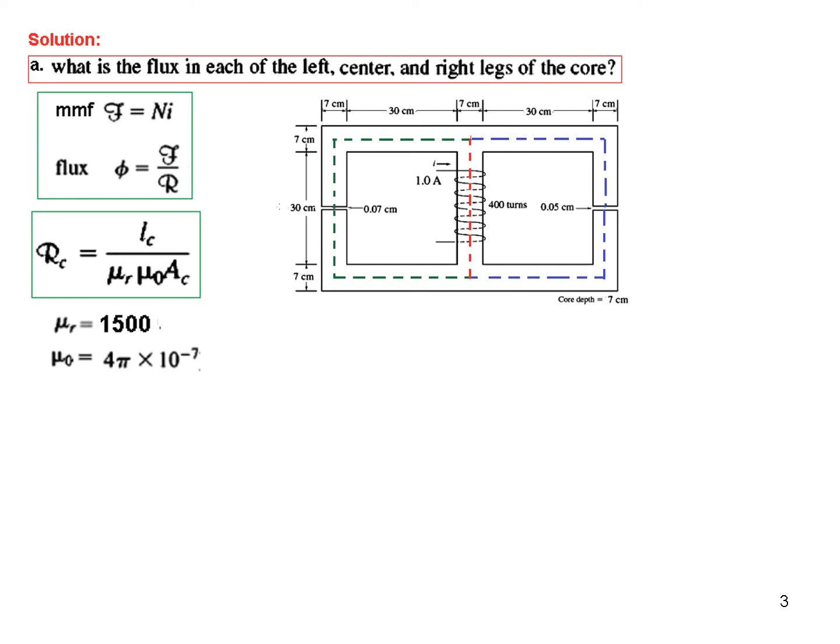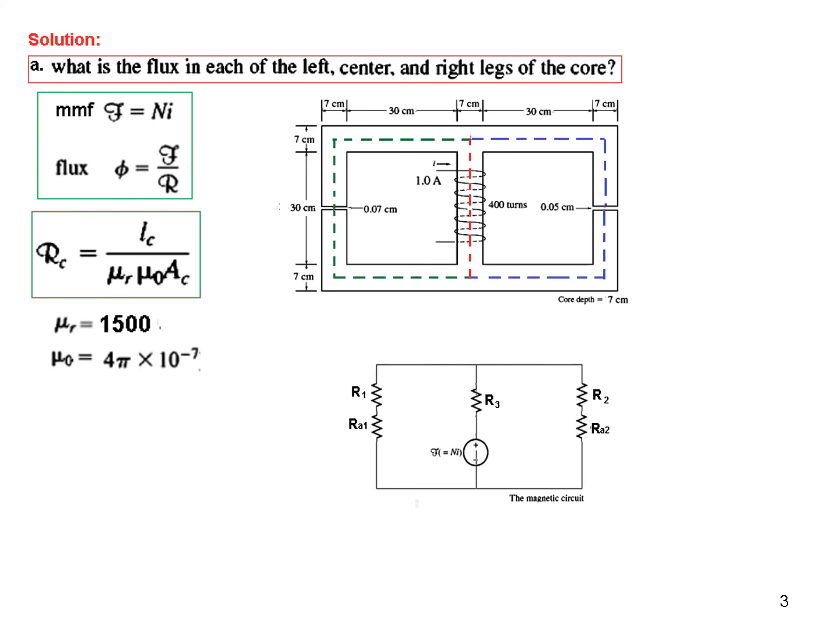Okay. So first thing we'll do is try to find the mean length, and I have shown it in 3 colors because there are 3 different regions: left region, right region and center region. So when we draw the magnetic circuit, it would be something like this. R1 is for the green line of the core material, reluctance of the core.